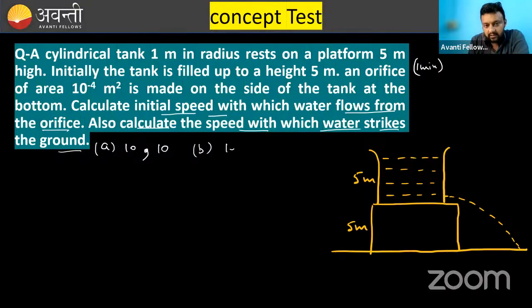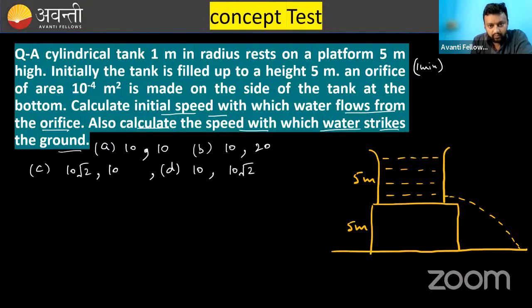Option B is 10, 20. Option C is 10 root 2, 10. And option D is 10, 10 root 2.